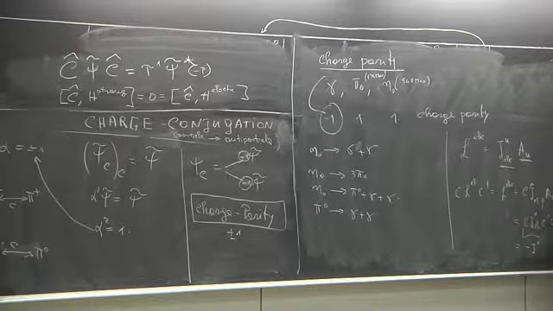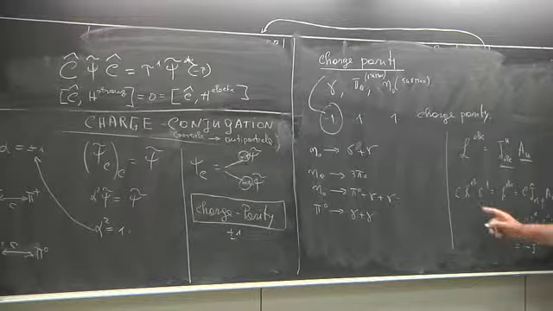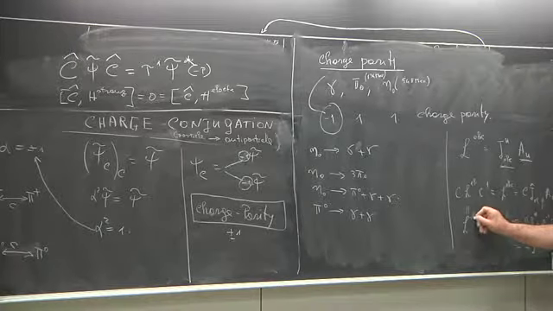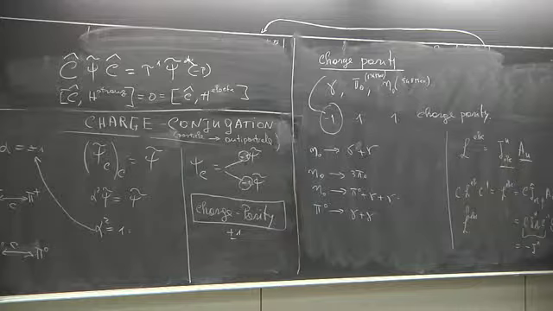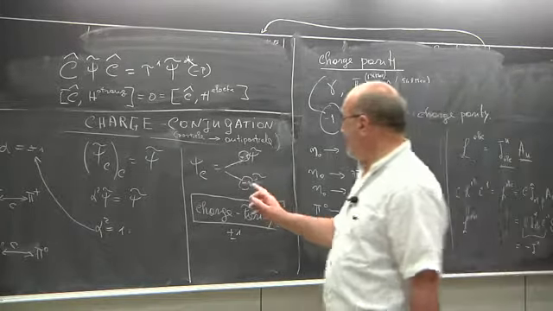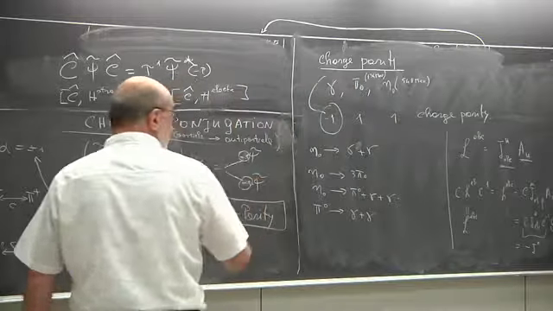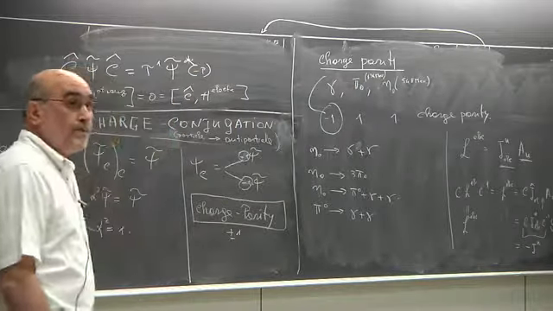But then, for the Lagrangian to be invariant, because this is equal to L, this one must go into -A mu. So you see, the photon is one of those particles that when you apply charge conjugation goes into its opposite field.